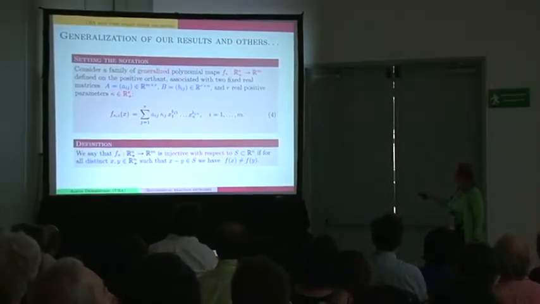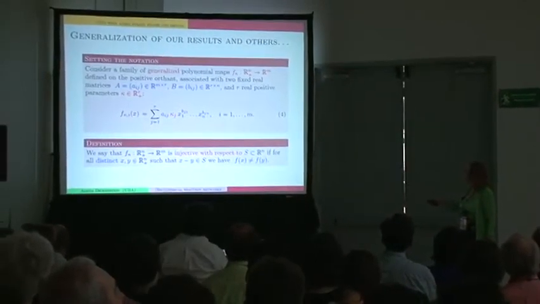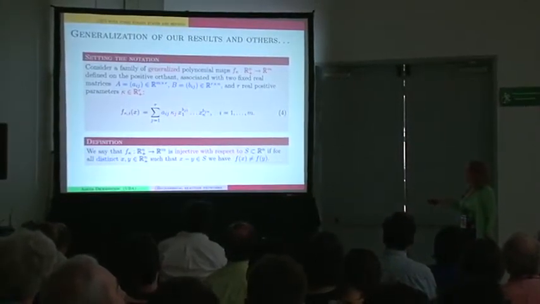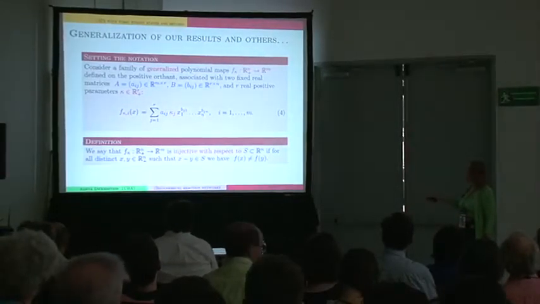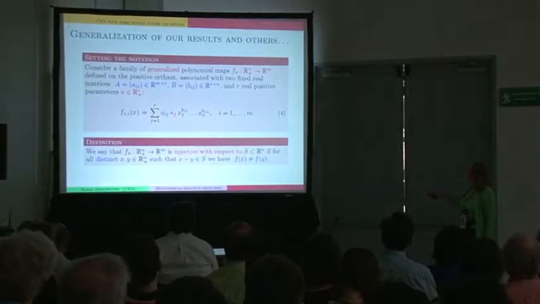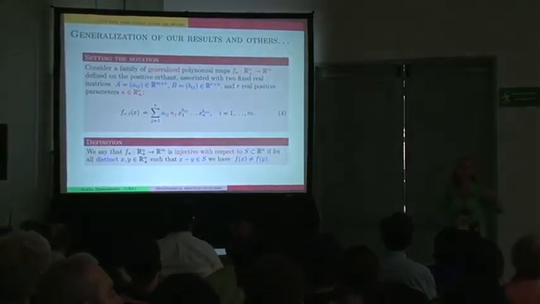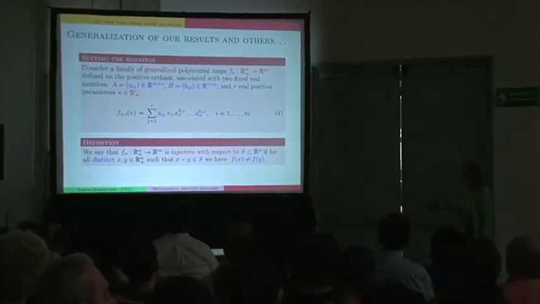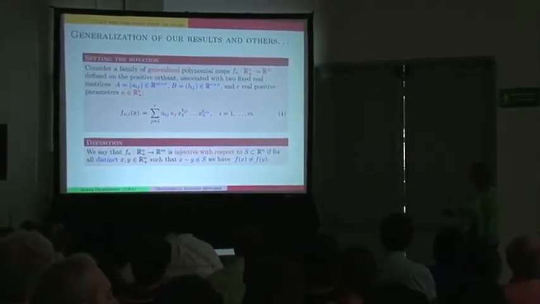We have a map which depends on these constants k. We have positive numbers here. We have a bunch of equations. These A and J are real numbers, and all of the monomials have these exponents B. So we have two matrices, the matrix of the coefficients and the matrix of the exponents, and a generalized polynomial of this shape.